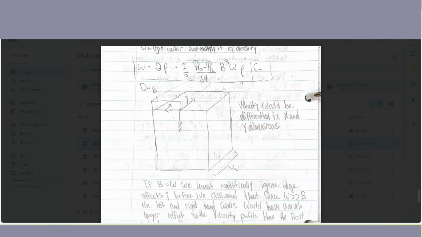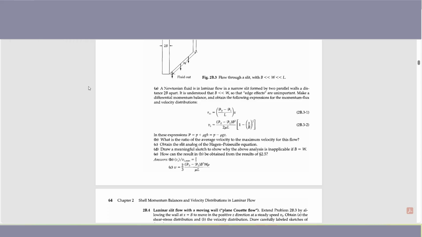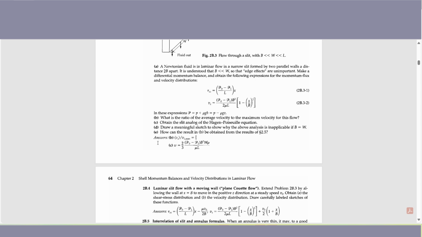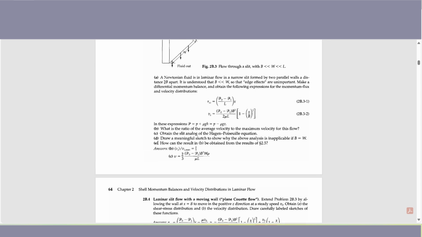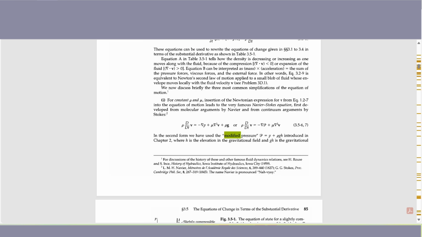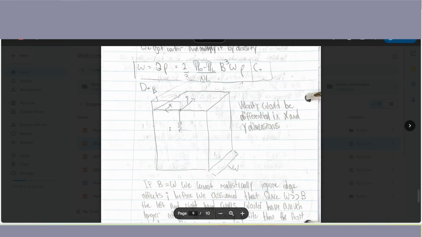All right, now part D. Draw a meaningful sketch to show why the above analysis is inapplicable if B equals W. If B equals W, it'll look something like this, where this is B and this is W. Obviously, if these walls are this big, the friction from these walls is going to affect the velocity profile of the liquid going through here.